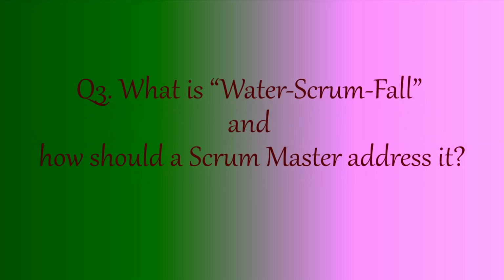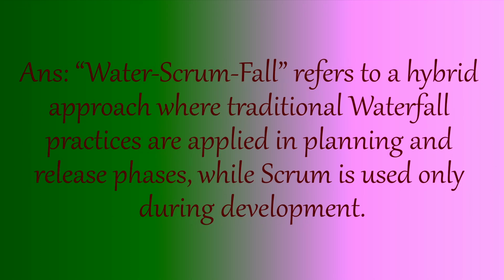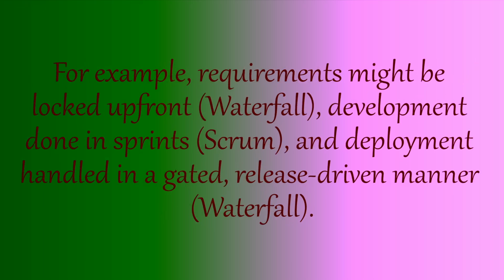Q3. What is water-Scrum-fall and how should a Scrum Master address it? Answer. Water-Scrum-fall refers to a hybrid approach where traditional waterfall practices are applied in planning and release phases, while Scrum is used only during development. For example, requirements might be locked up front, waterfall, development done in sprints, Scrum, and deployment handled in a gated, release-driven manner, waterfall.